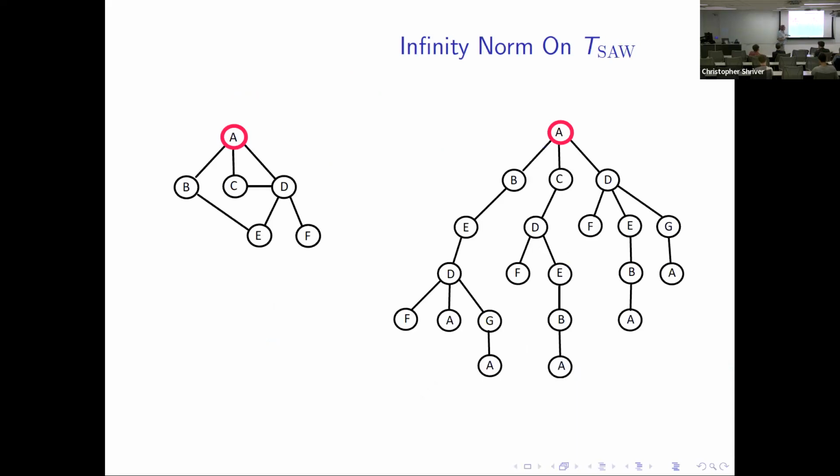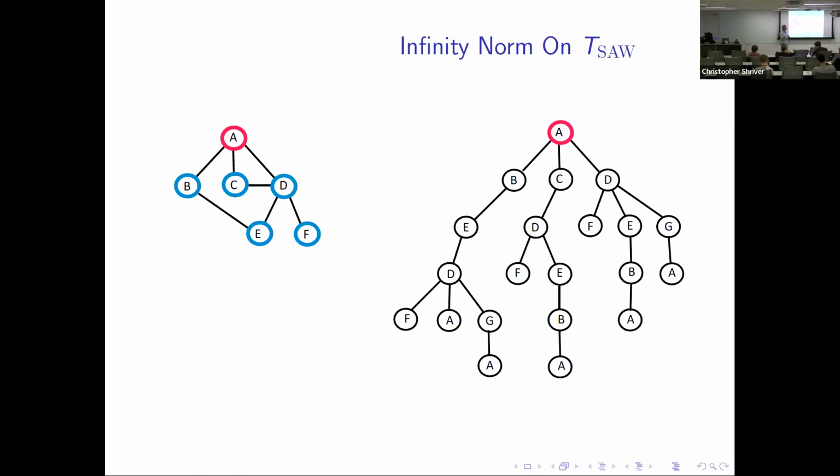Now, this is a nice reduction, but why is it useful? Recall that we try to bound the infinity norm of the influence matrix. So for every vertex A in the graph, we want to bound the influence it has on all the vertices in the graph. This corresponds to the A-th row of the influence matrix.